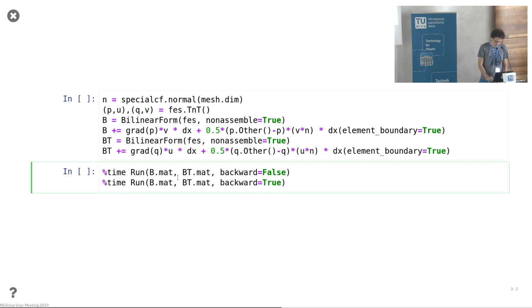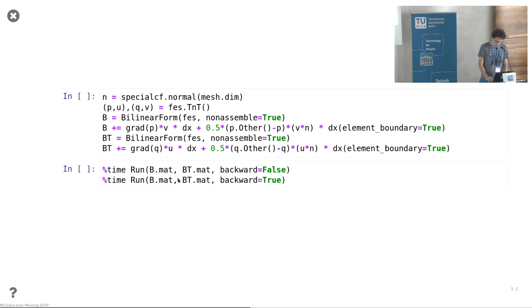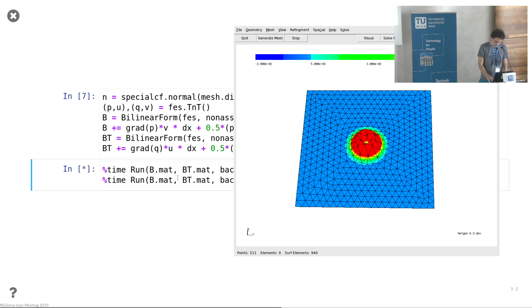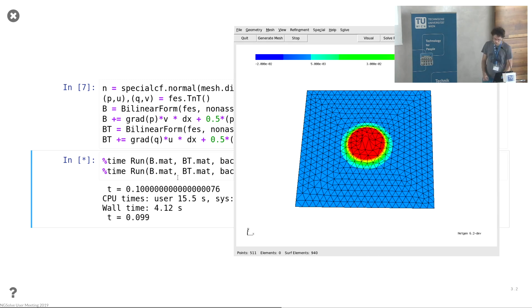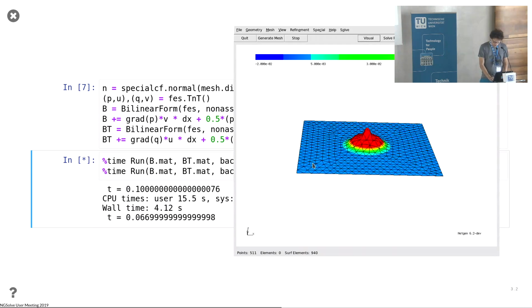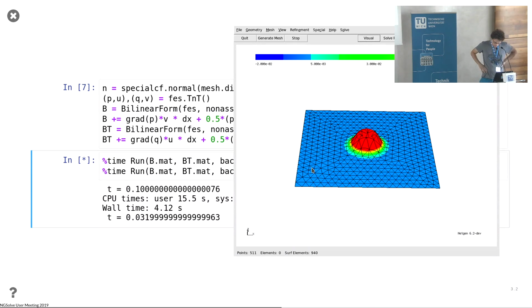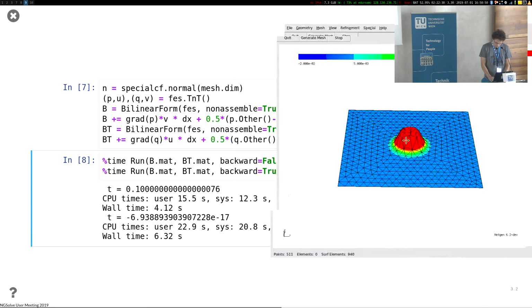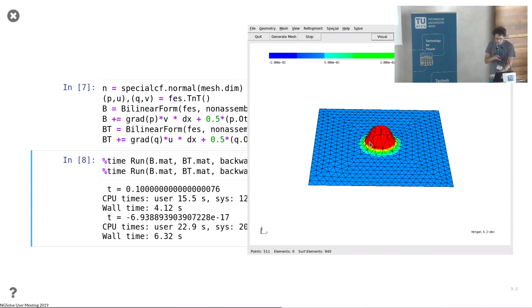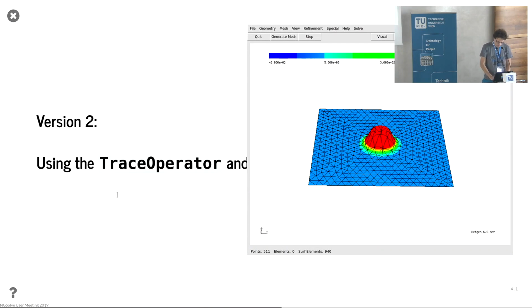So that's what we'll see here. Not that fancy. So now it's going 4 seconds forward, 6 backwards. If you run it multiple times, it should be approximately the same. So this is the amount of time that this approach takes.